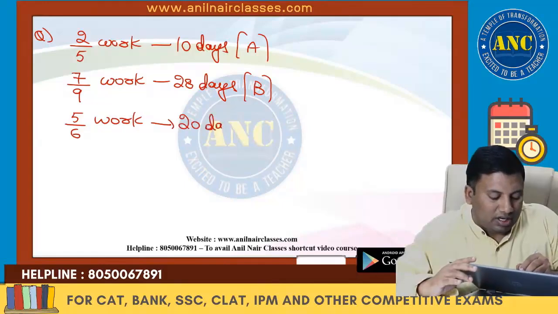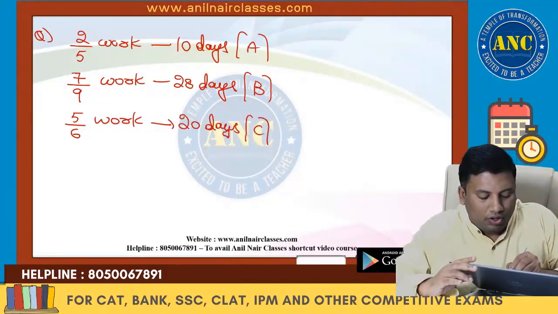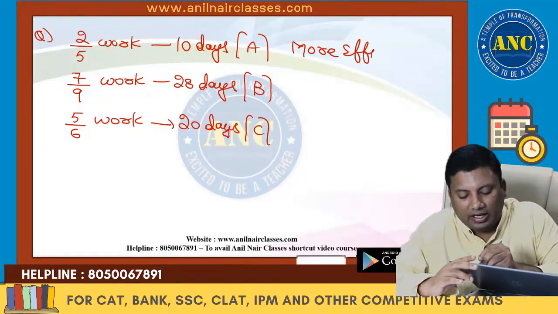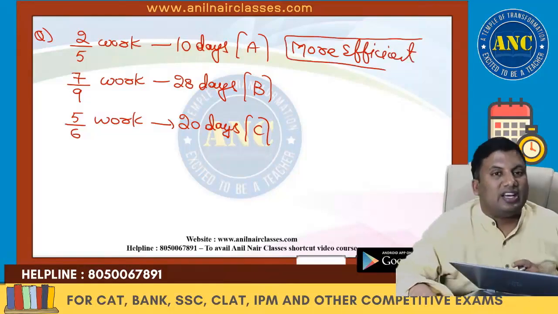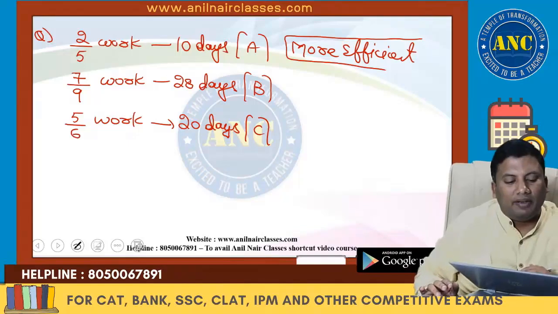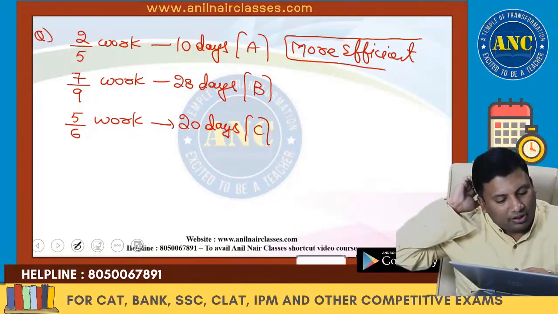Who is more efficient? The question can also be in fractions instead of percentage. He can give you a fractional part of the work. Total work is 1.